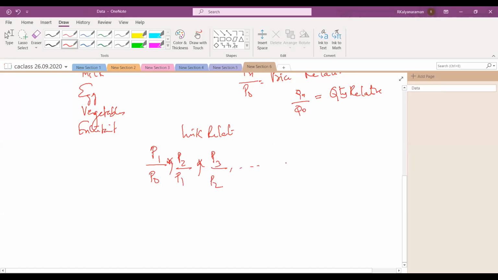That is, successively we are shifting the base here. For example, I am comparing 2018, 2017, then 2019, 2018, 2020, 2019, like that. They are called link relatives.